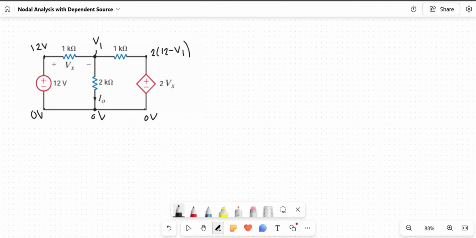And now starting with V1, going to 12 volts, I can see that the equation for the KCL, the current, would be (V1 minus 12) over 1. The equation for V1 to ground would be plus (V1 minus 0) over 2.